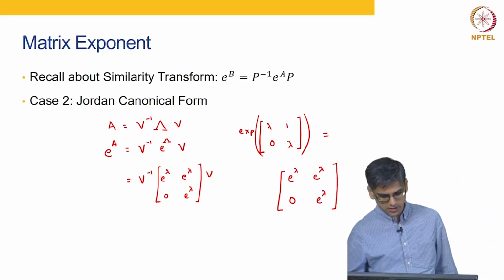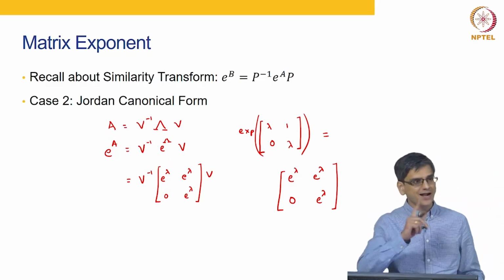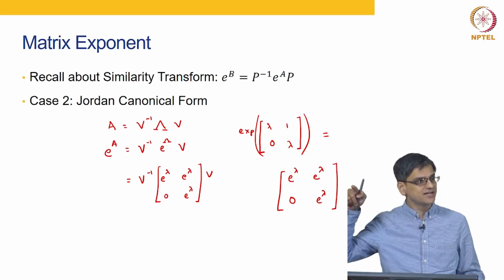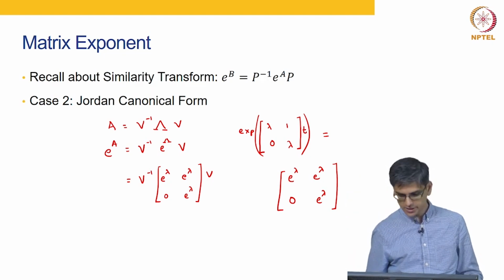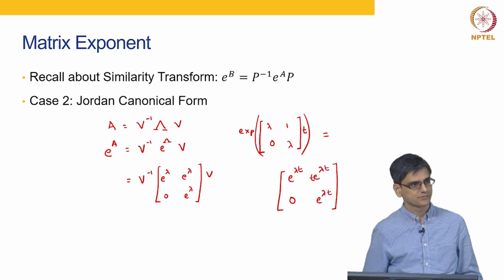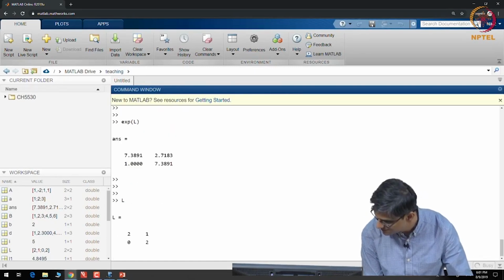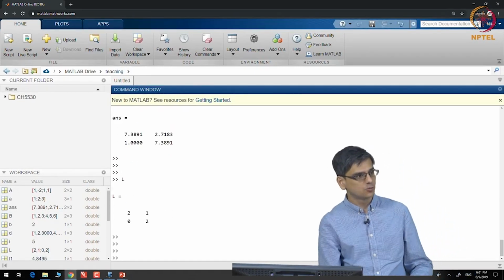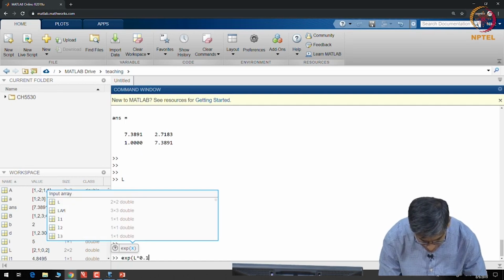I think that is pretty much what I have. One more thing: you had e to the power At, right? So how do you calculate e to the power At? If this was what it was, it will be this one. Fun, no? We will try that out. Let us say t was 0.1. So expm of L into 0.1.